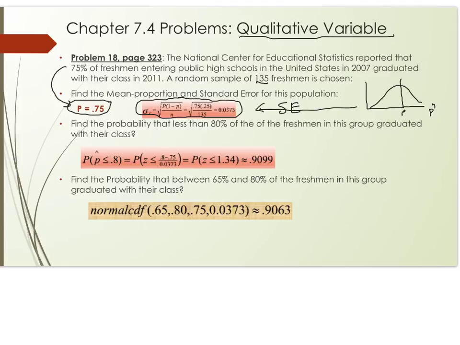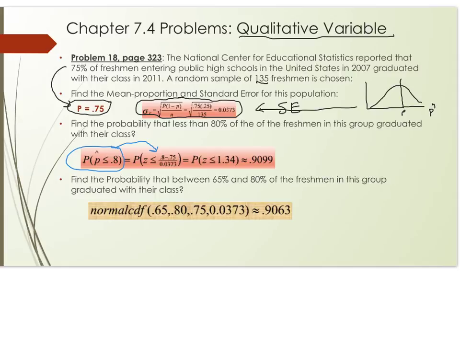Now, the first question asks, find the probability that less than 80% of the freshmen in this group graduated with their class. So we have the probability statement: the probability of p hat less than 0.8. We change that variable to a z variable.